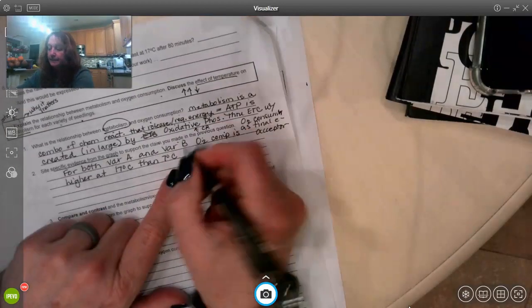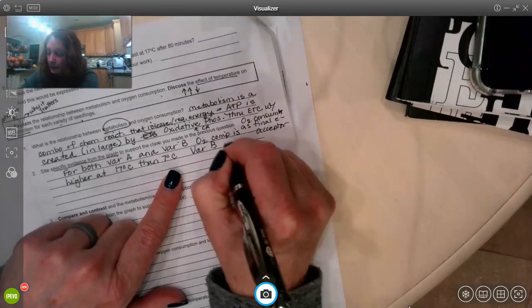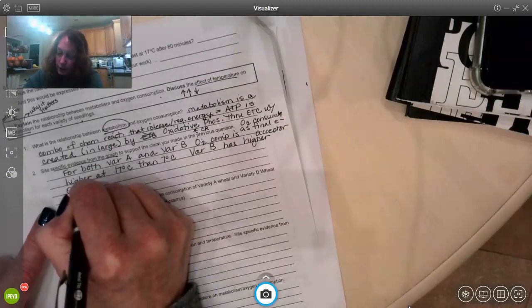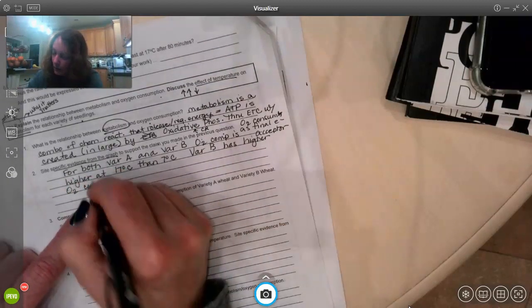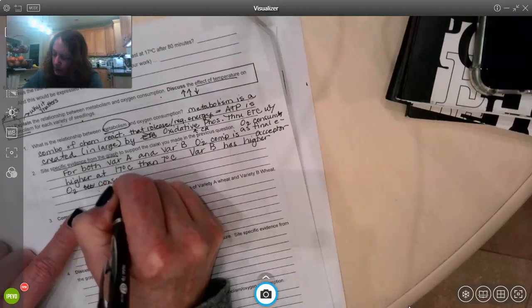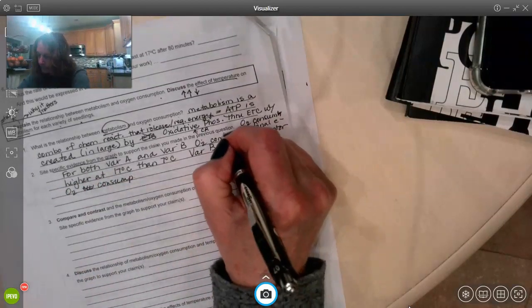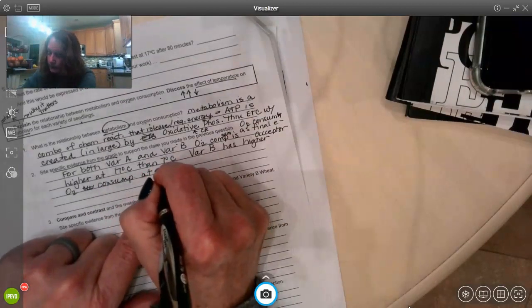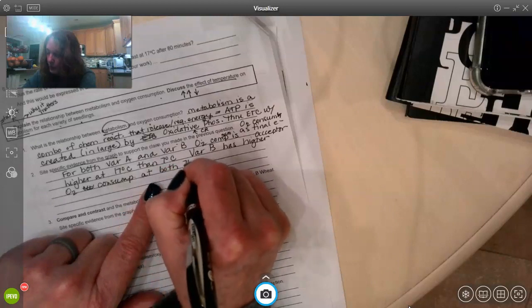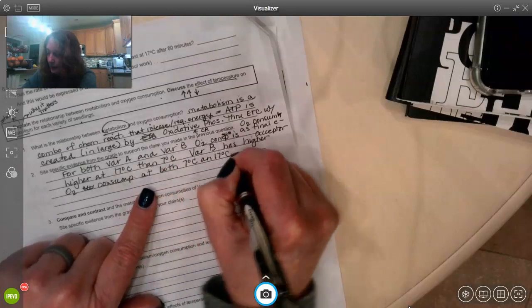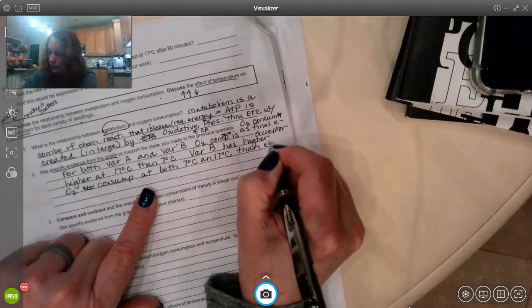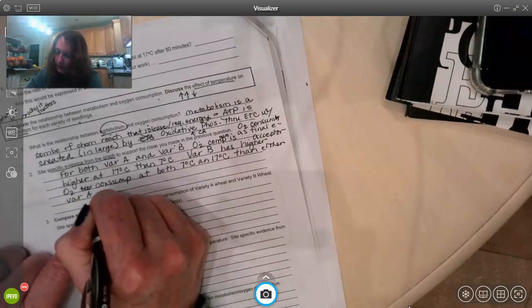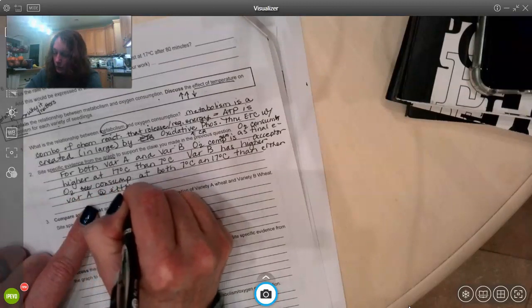So I'm going to say variety B has higher oxygen consumption at both 7 and 17 than either variety A at either temperature.